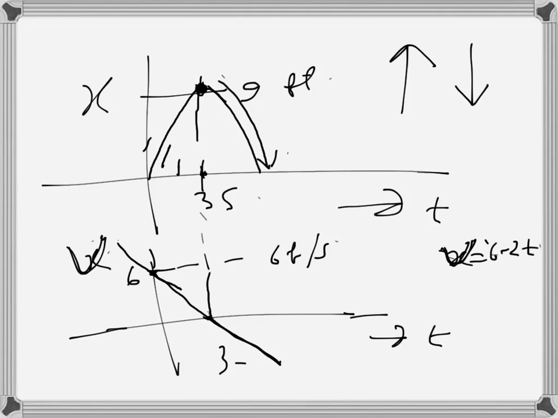At t equal to 2 is somewhere there, so the displacement is still going upwards, and the velocity is decreasing, but it is still going upwards. And at t is equal to 4, what will happen? The velocity is here, and this one is coming down.